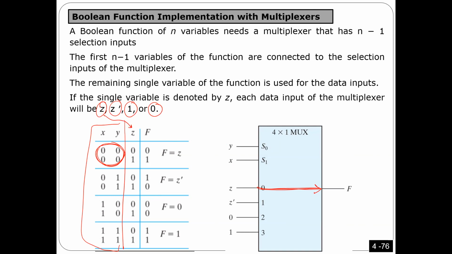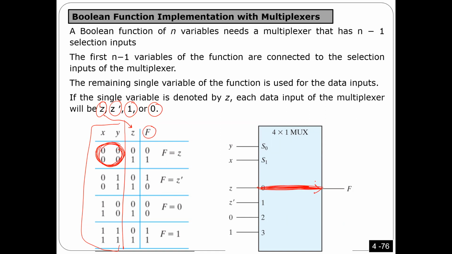Always you are going to connect as the input either 0, 1, z, or z prime. But which one do I have to select? You have to select the one that can satisfy the function. So let's see here. For example, this is the function I want to output. We agree already because here it is 0, 0, and the output is already connected here.